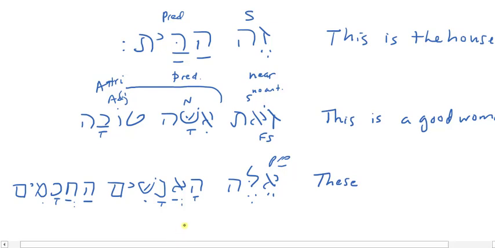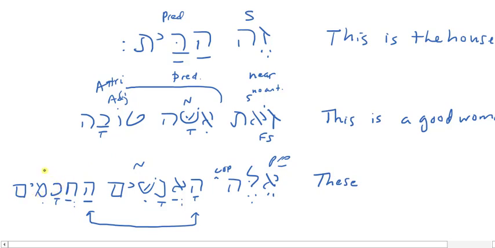These. Now, what am I saying about these? Again, there's no verb here. My copula is going to be inserted in my English translation. Ha'anashim ha'hakamim. Notice I have some ha-ha action going here, right? Is anashim a noun? Yes?